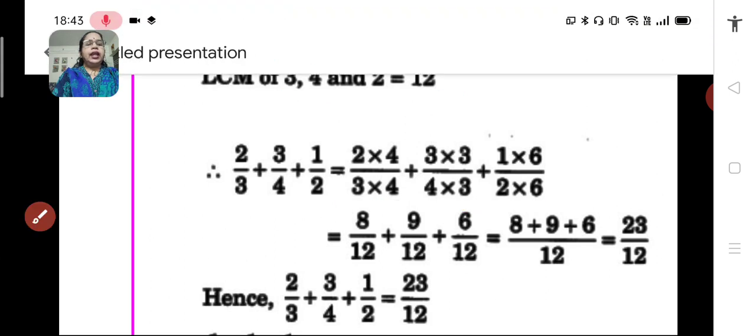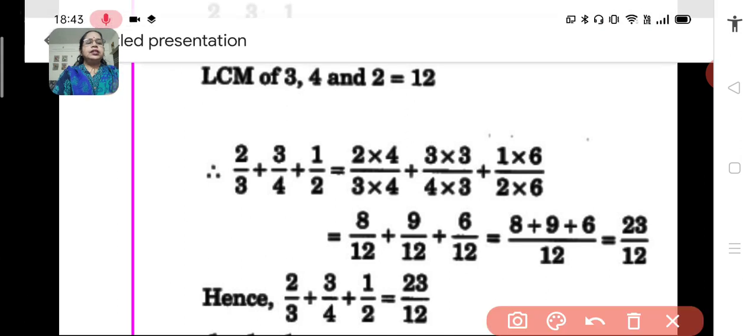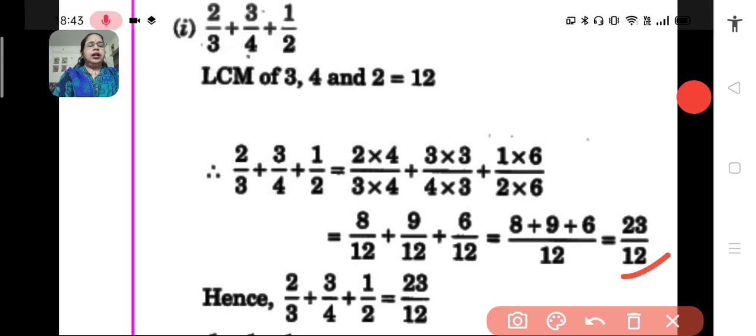We get 8 upon 12 plus 9 upon 12 plus 6 upon 12. And when we add the numerators retaining the denominator, we get 23 upon 12. So, 2 upon 3 plus 3 upon 4 plus 1 upon 2 is equal to 23 upon 12.